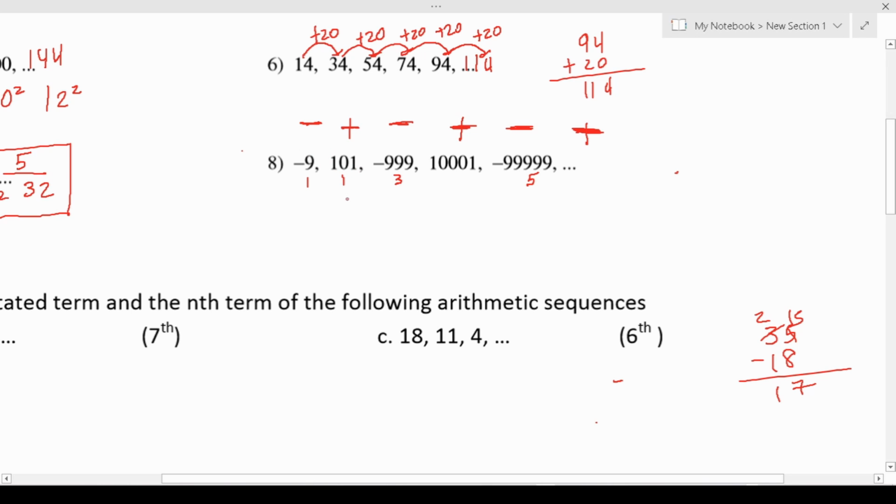In this case, there's 1 zero, 3 zeros. And so I know there's going to be 5 zeros in this next number. Again, it's positive, so it's 1, 5 zeros, 1, 2, 3, 4, 5, sandwiched with another 1. Okay, so the next number in this sequence is that number.